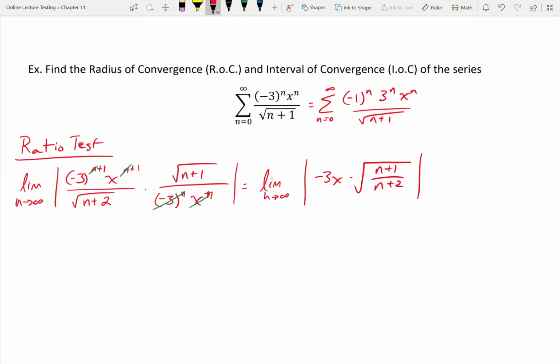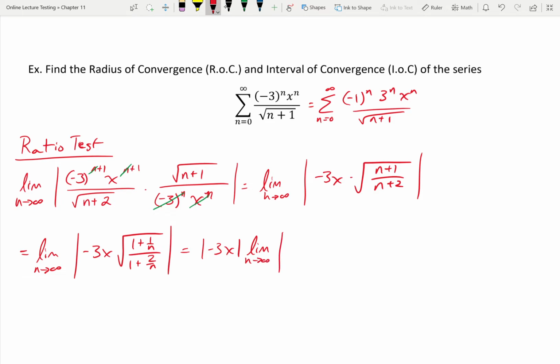Nice thing here is applying some basic algebra techniques. We're going to get the absolute value of negative 3x times the square root of 1 plus 1 over n divided by 1 plus 2 over n. All right, again, this negative 3x, that's a constant multiple, but I need to make sure that I keep it in absolute value.